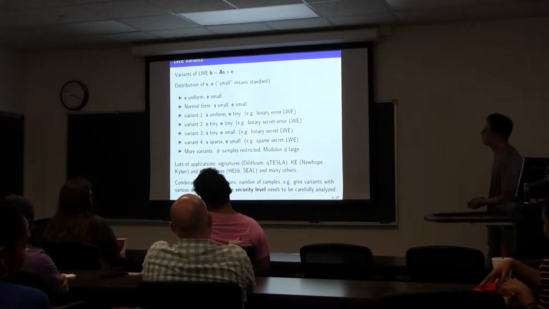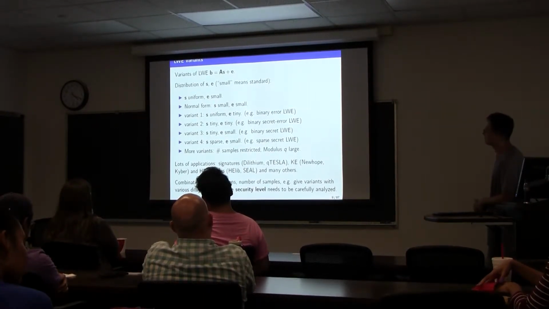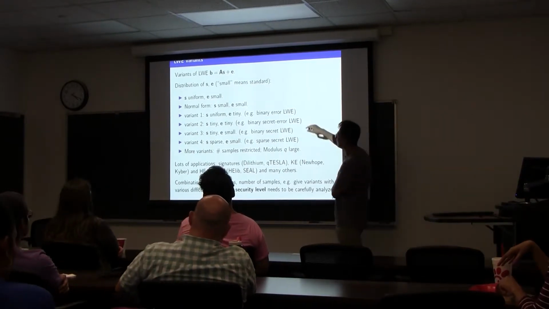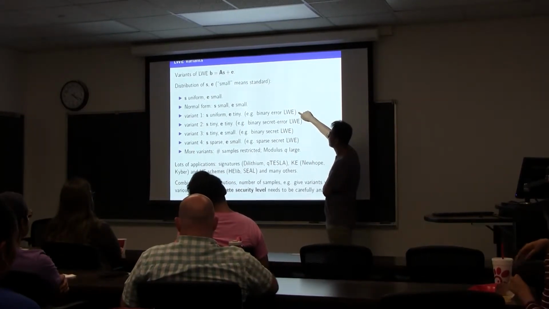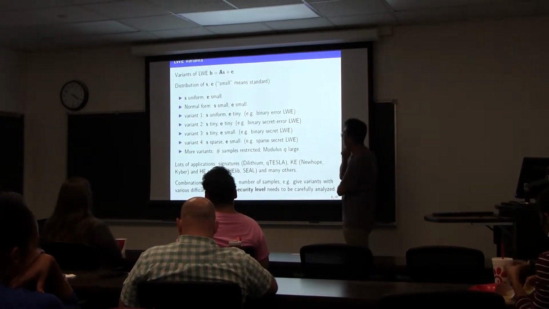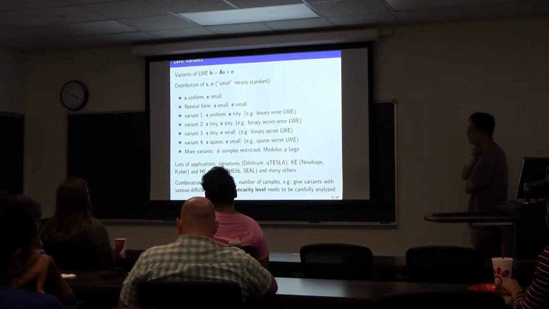There's also a Hermite normal form version, which says that my S can also be small. In fact, S follows the same distribution as my error E. So that's one variant, which is sort of standard. Okay. One of the interesting versions, which I put here as variant 1, is called the binary error LWE, which says E is essentially binary, and S is uniform.